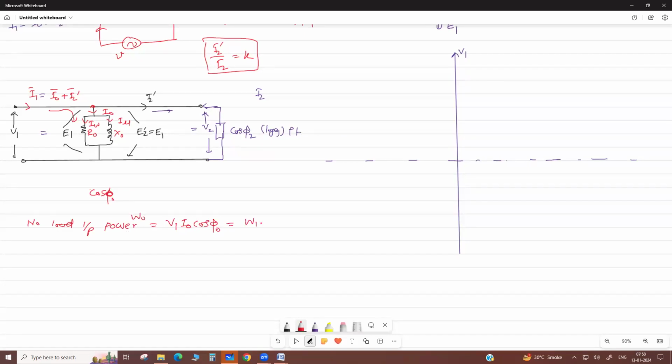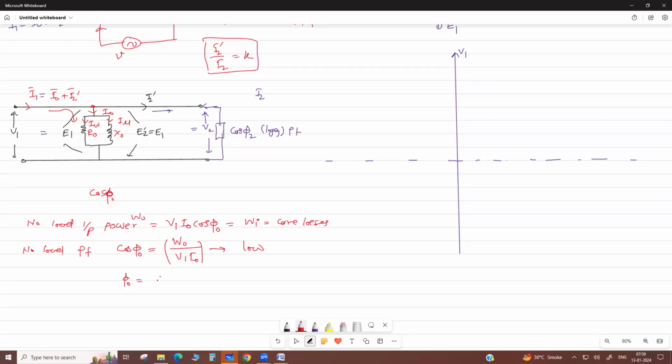Actually, it equals the core loss, the iron loss. In the open circuit test we measure the iron loss; the no load input power we assume as core losses. Then cos phi naught equals no load input power divided by V1 I naught. This gives the no load power factor, which is very low at no load because the transformer is highly inductive.